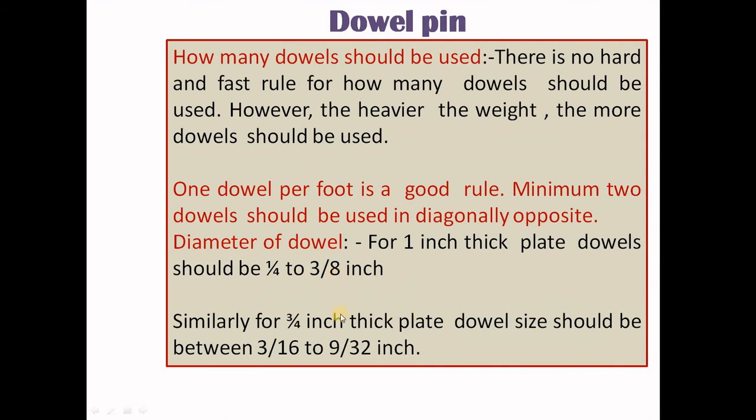If the plate thickness is 3/4 inch, then the dowel pin diameter should be 3/16 and 9/32: 1/4 times 3/4 equals 3/16, and 3/8 times 3/4 is 9/32 or 10/32 inch. So this should be the diameter of the dowel pin.